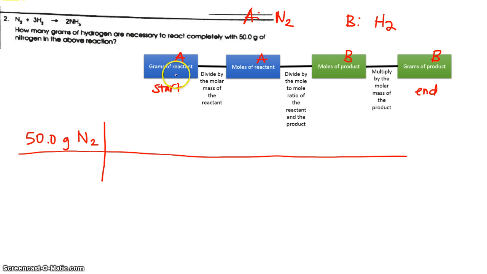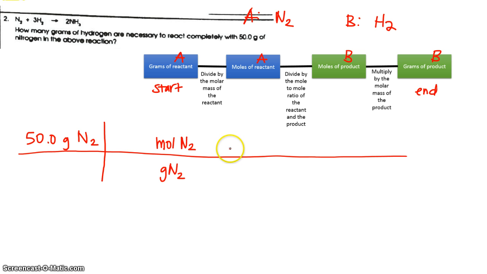We need to go from grams of nitrogen to moles of nitrogen, and in order to do that, I have to divide by the molar mass of nitrogen. So I'm going to put grams of nitrogen on the bottom of my T-chart so I can cancel that unit. I don't want that anymore. What I want to get are moles of nitrogen.